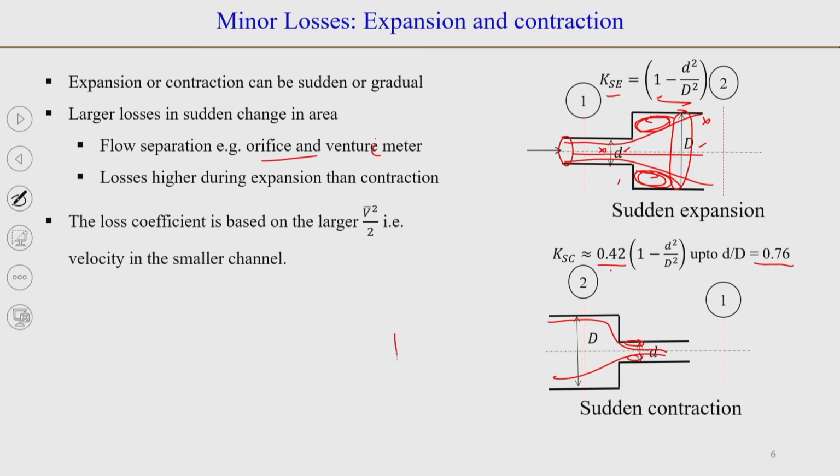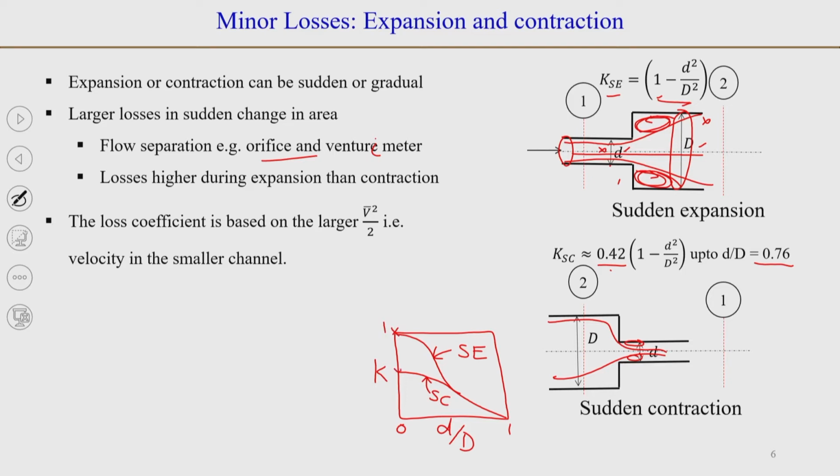So, if you plot K with d by capital D, you will get a graph something like this. So, that will be for sudden expansion and that will be for sudden contraction, and the value changes from 0 to 1 here. The K value will be 1 here.